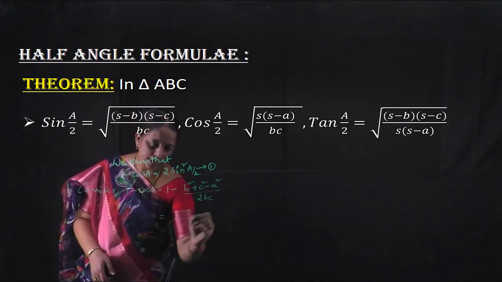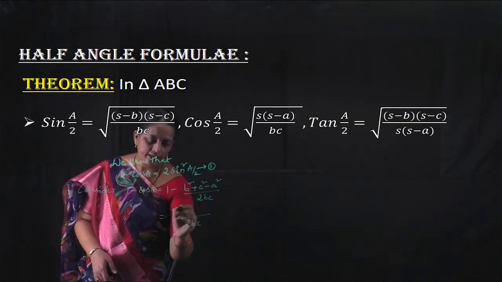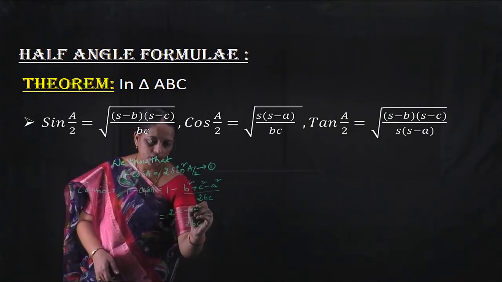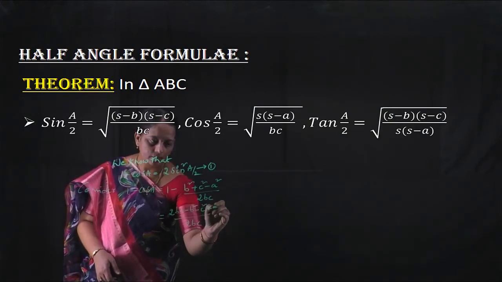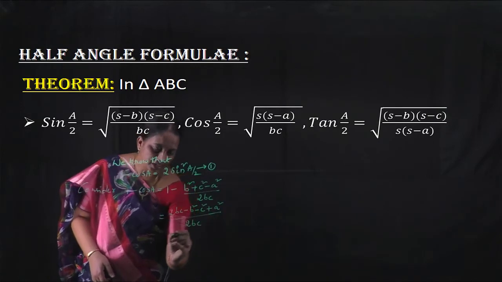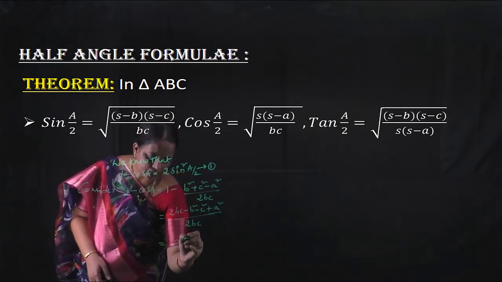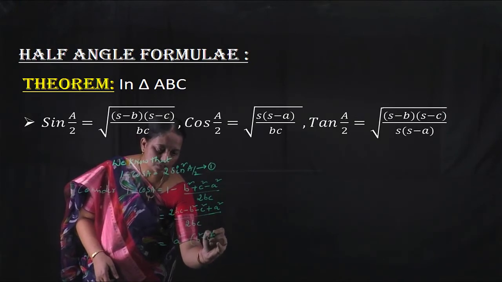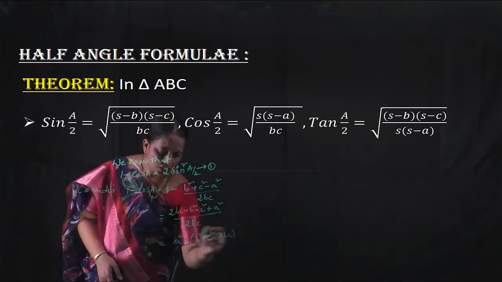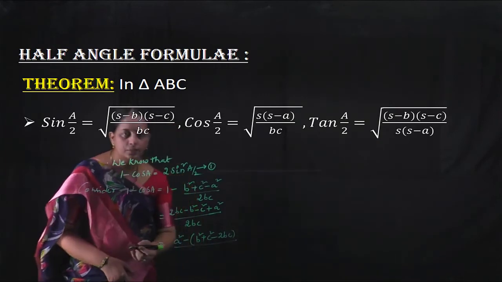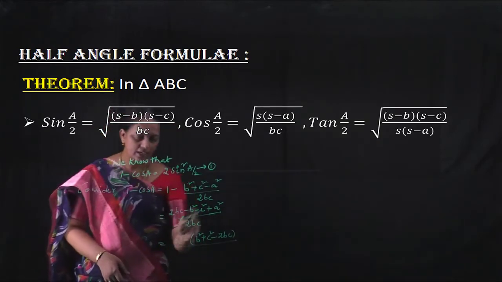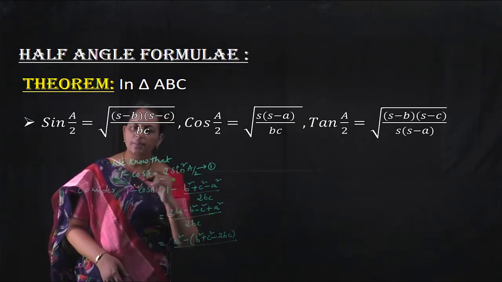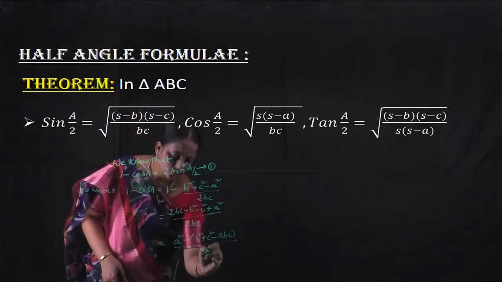Taking the LCM as 2bc, in the numerator we get 2bc minus b square minus c square plus a square. It can be written as a square minus of (b square plus c square minus 2bc), taking minus as common, by 2bc.